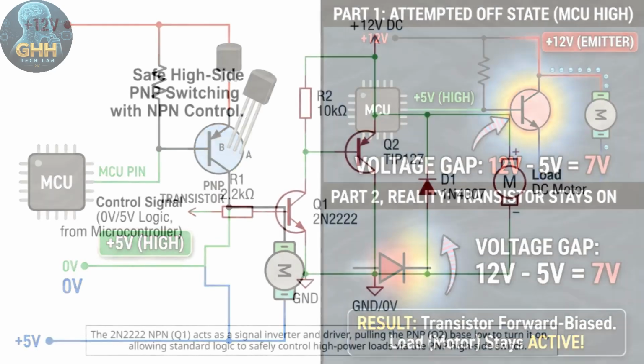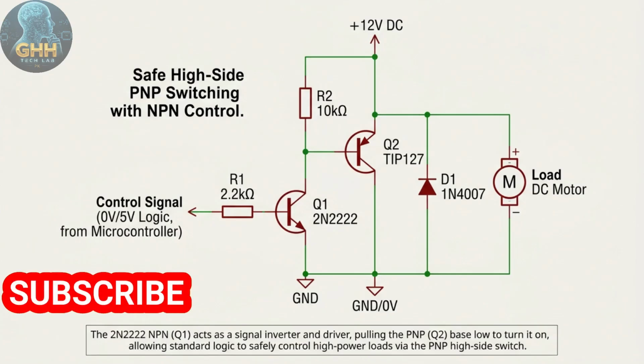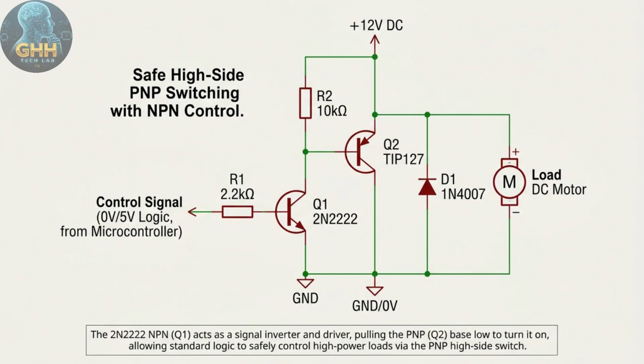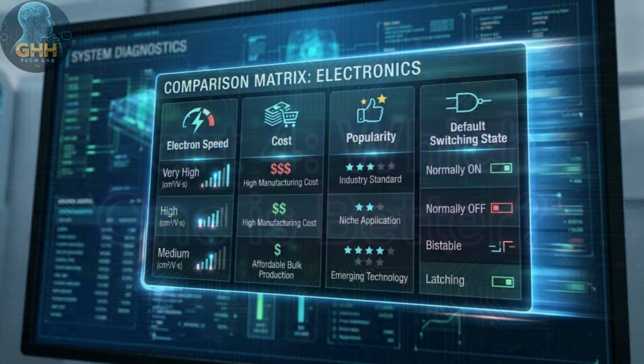To solve this logic trap, engineers use a small NPN transistor to pull the base of the high-side PNP down to ground, creating a safe, isolated level-shifting driver circuit. So, which configuration is better? For the vast majority of simple digital logic and switching tasks, NPN transistors are highly preferred.